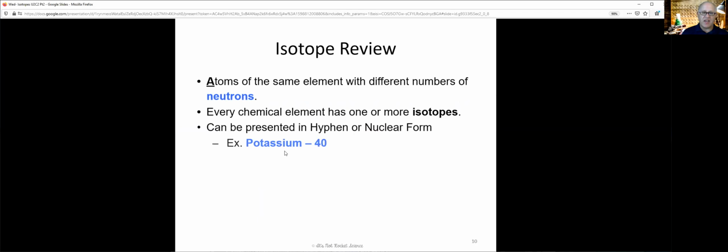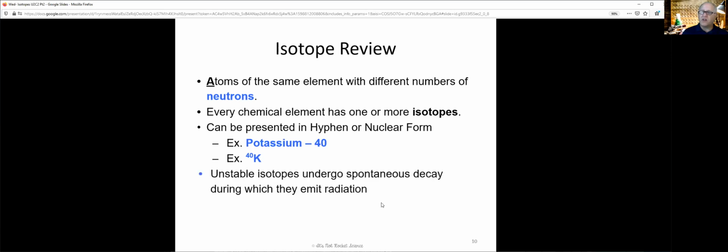For example, potassium-40 or superscript 40K, and remember K is also potassium. So it can be presented in hyphen or nuclear form. And unstable isotopes undergo spontaneous decay during which they emit radiation.